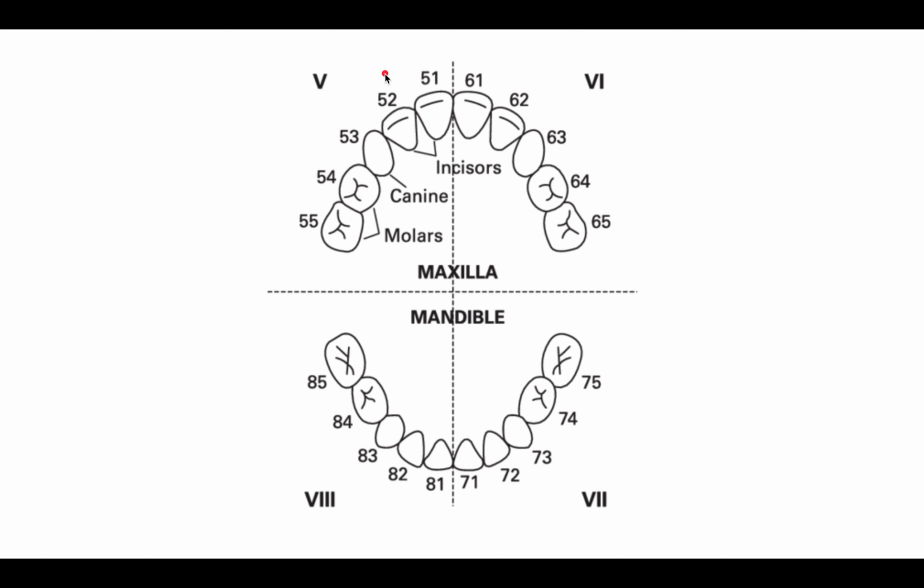Now, when it comes to numbering the teeth, things are a little different, but they maintain the same essential structure, where we start at the very back, and as we move to the central incisors, the number decreases. So here in the second molar, we have its tooth number 5, and then 4, 3, 2, 1, 1 being the central incisor.